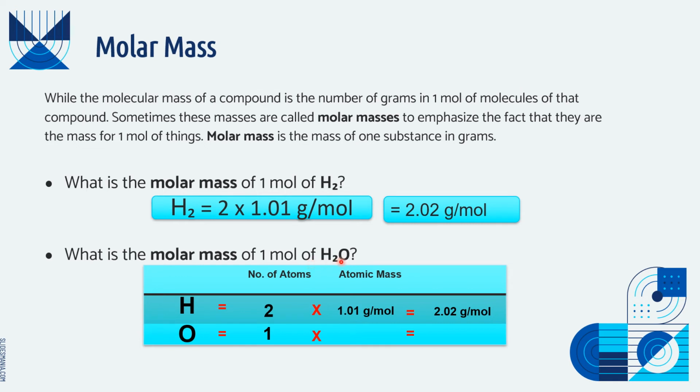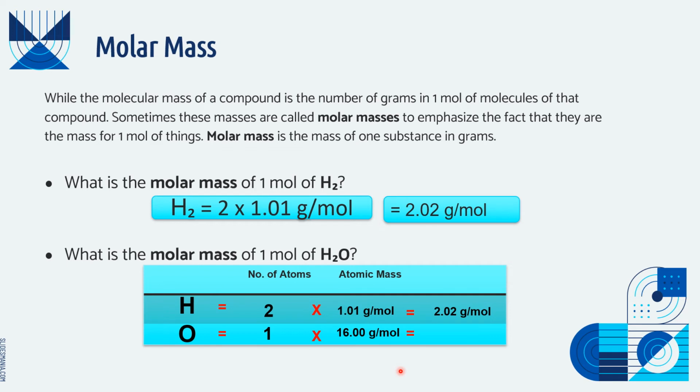Then we get the molar mass of that compound or molecule. So we multiplied 1.01, the atomic mass of hydrogen, by 2 because in water or H2O there are 2 hydrogen. 2 times 1.01 is 2.02. What's the atomic mass of oxygen? Based on the periodic table of elements, the atomic mass of oxygen is 16.00.